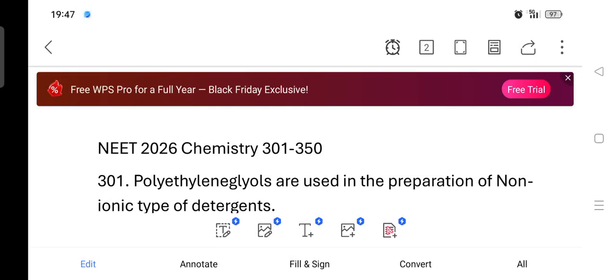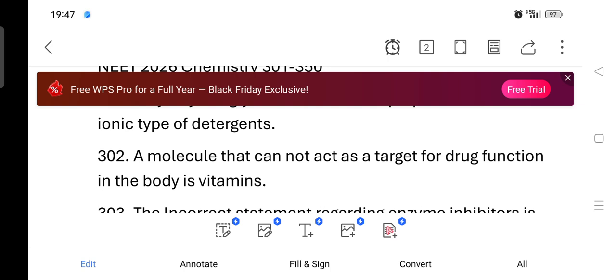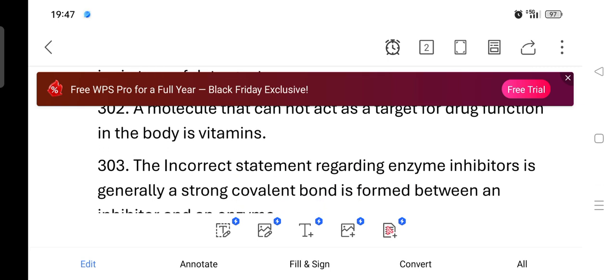Polyethylene glycol derivatives are used in the preparation of non-ionic detergents. A molecule that cannot act as a target for drug function in the body is vitamins.